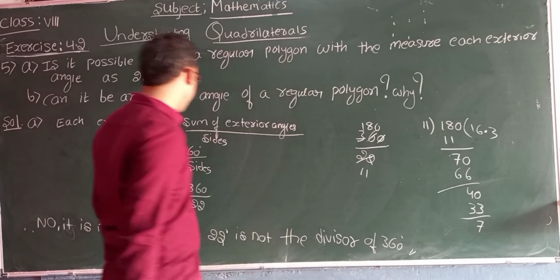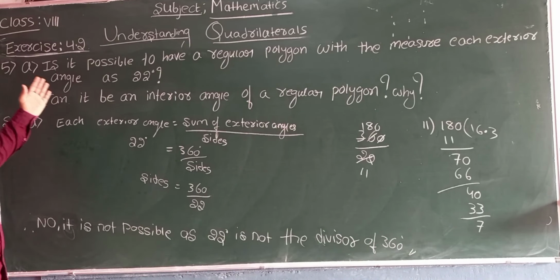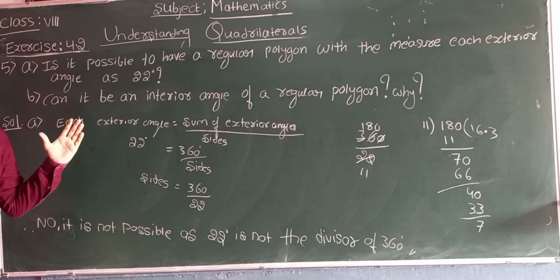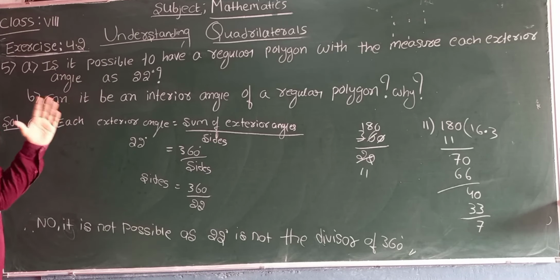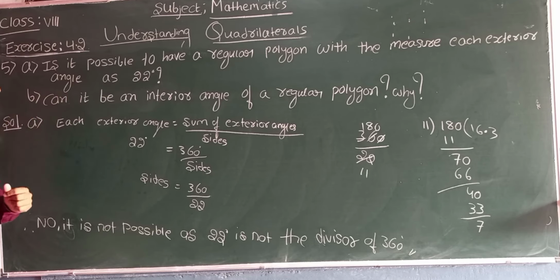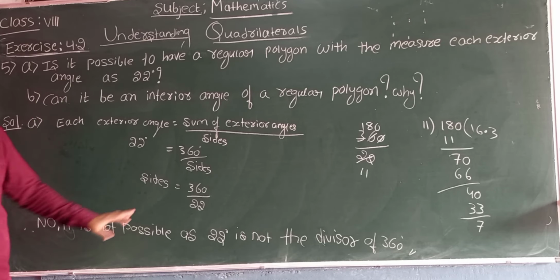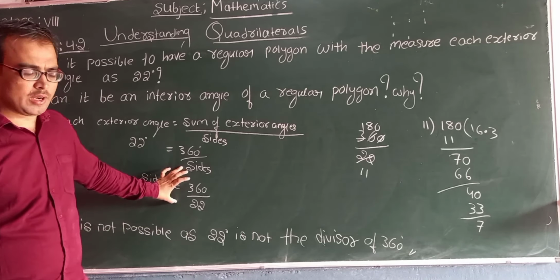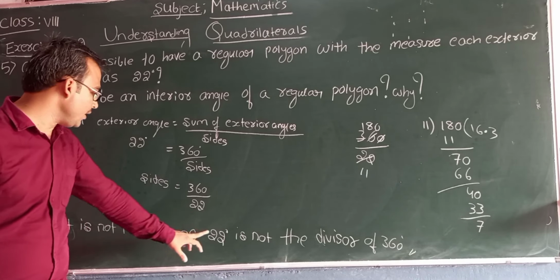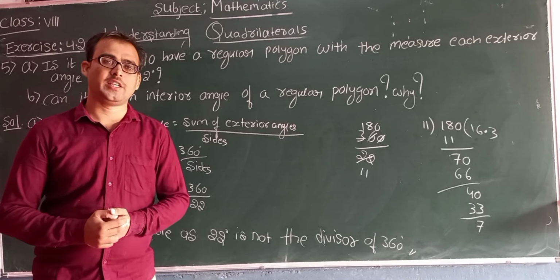Okay, so it is not possible to have a regular polygon with the measure of each exterior angle as 22 degrees. Why? Because it cannot be divided properly. That is, 22 is not a divisor of 360 degrees.